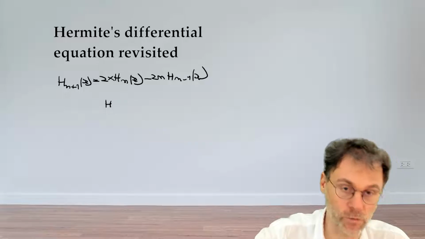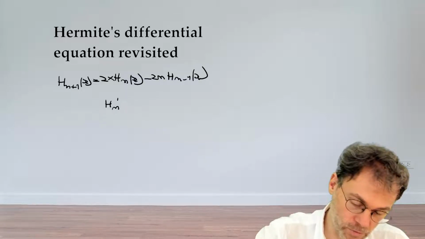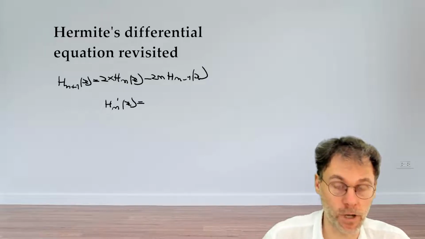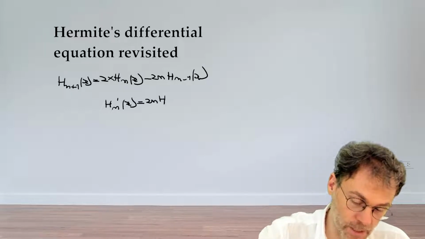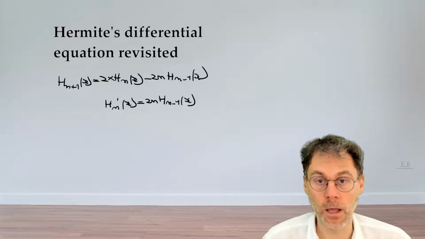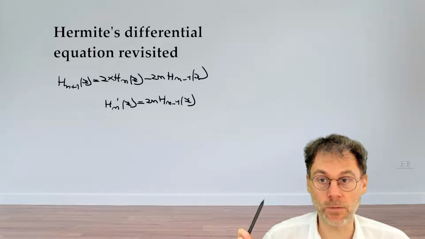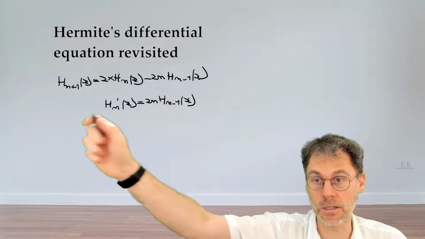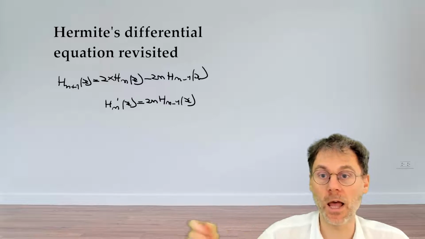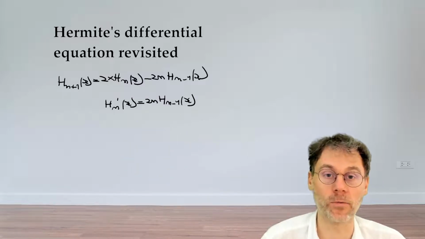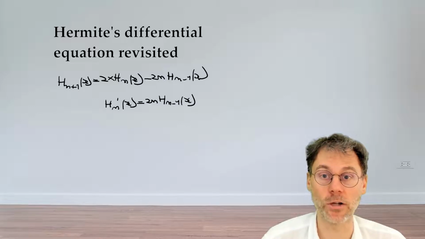And then we also have one involving derivatives, that's H_n'(x) is 2n times the Hermite polynomial of one order lower. So what I suggest you do is pause the video and take the derivative with respect to x of this first equation, and then try to also use the second equation so that hopefully you end up with Hermite's differential equation.